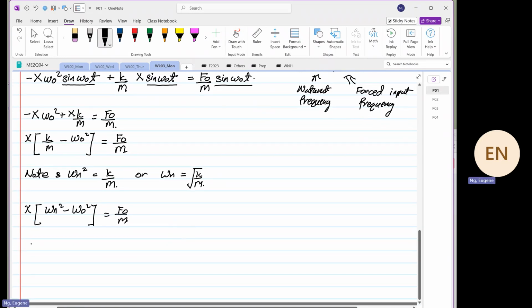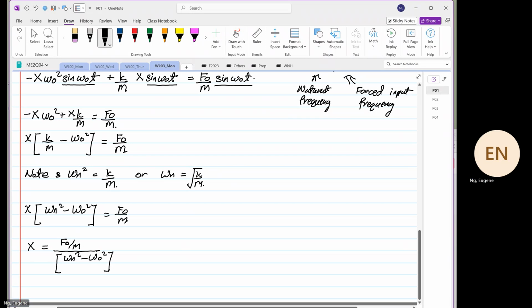Then x will become f naught over m, divided by omega n squared minus omega naught squared.